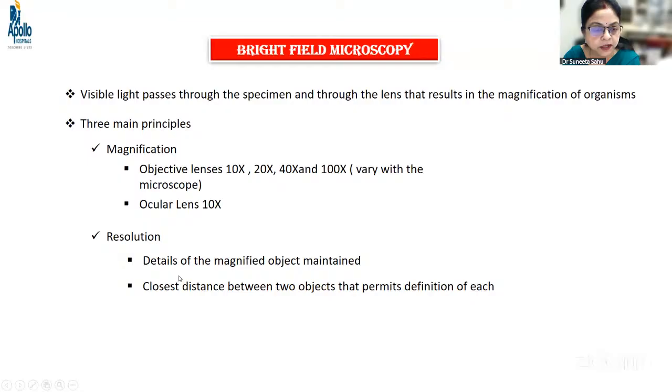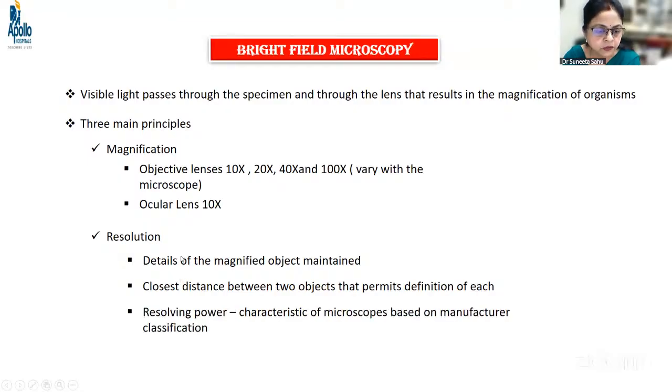So that is what is meant by resolution, and it is the second principle of bright field microscopy. The resolving power is a characteristic of the microscope, and it is based on the manufacturer's classification. Immersion oil is used to increase the resolution based on the type of microscope which we use.